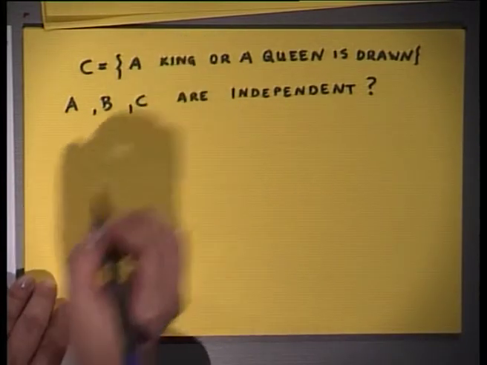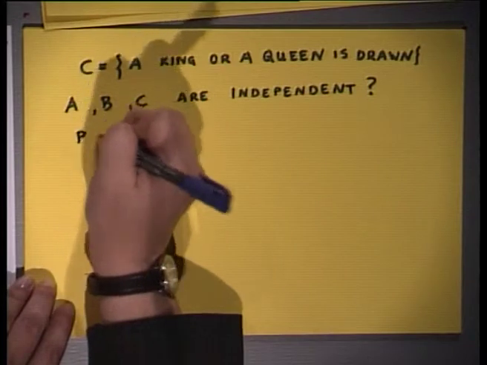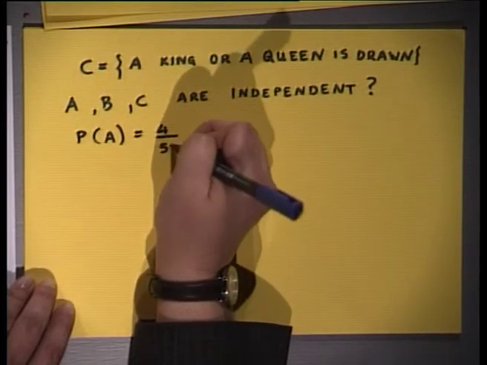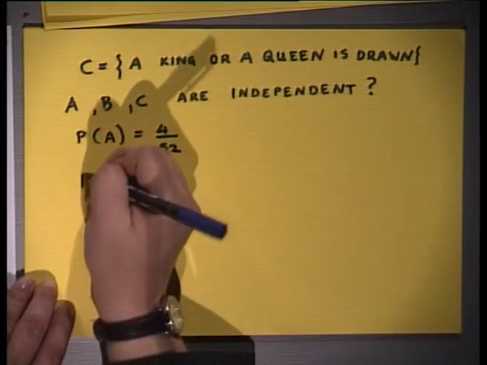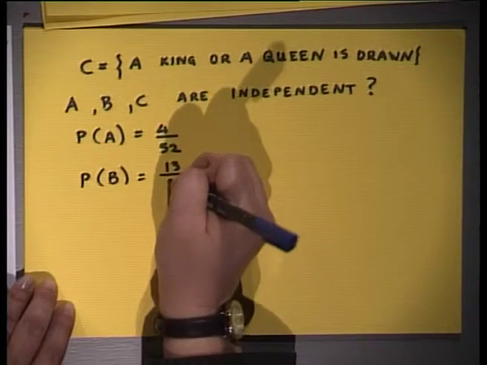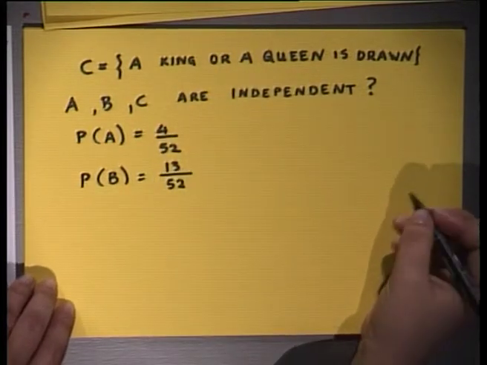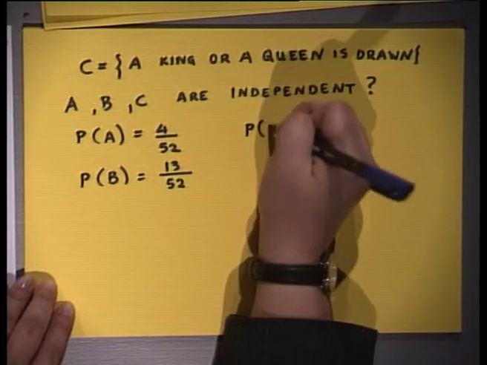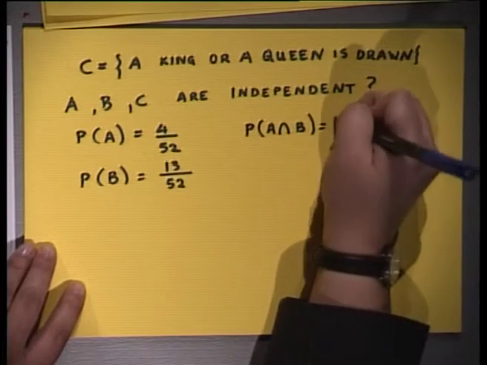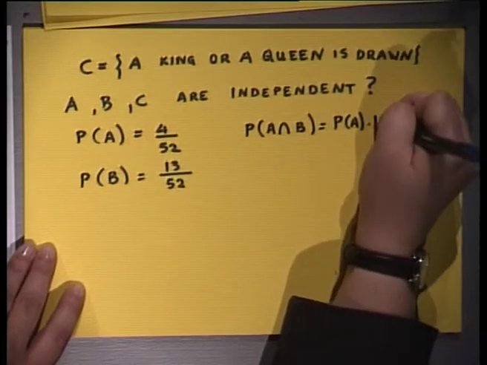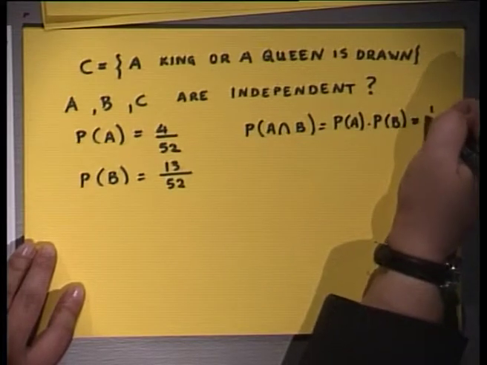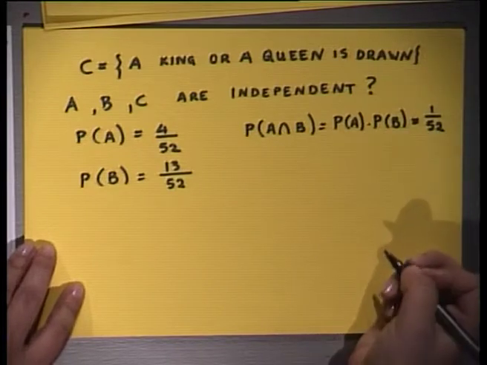So I write again that the probability of A we have calculated is 4 out of 52. The probability of B is 13 out of 52. We have shown that the probability of A intersection B is equal to the probability of A times the probability of B, which is 1 over 52.